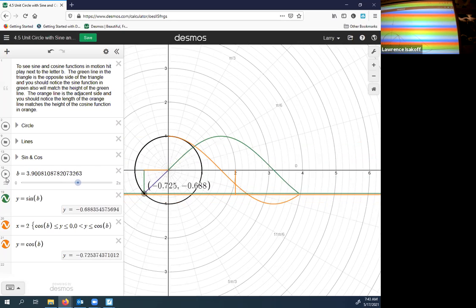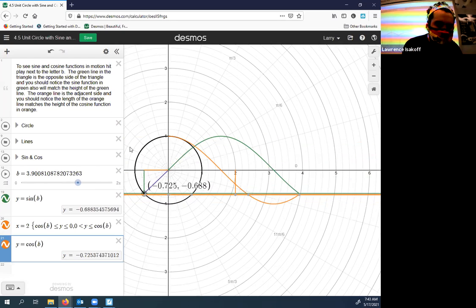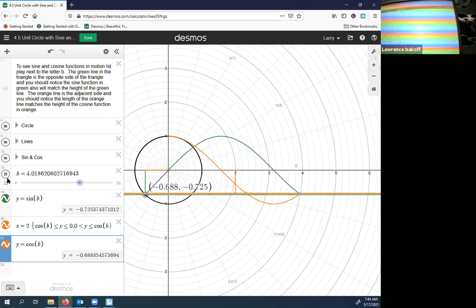There we go. We notice this orange horizontal line here as part of the triangle is the same length as this vertical line. And again, we see that these horizontal lines keep tracking the height.